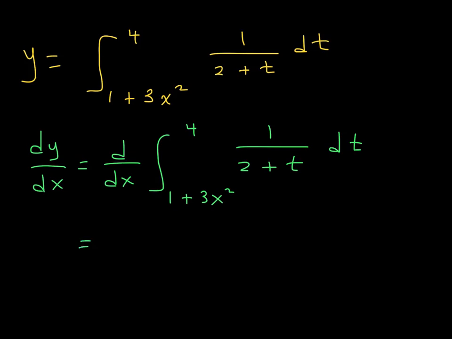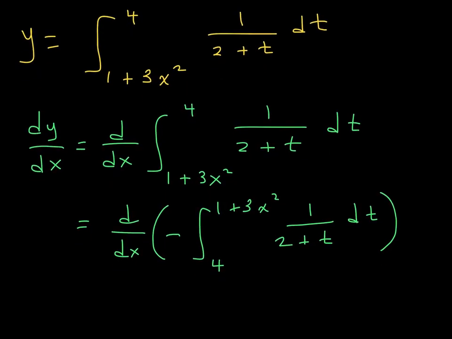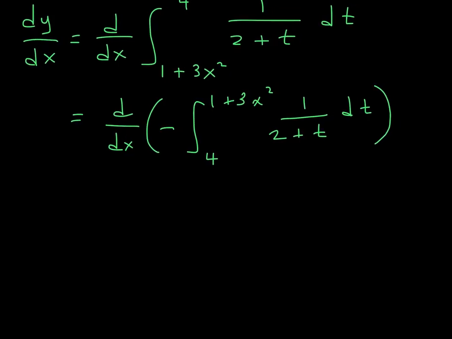Then this is going to be the derivative with respect to x of the opposite of the integral from 4 to 1 plus 3x squared of 1 over 2 plus t dt. And then we can factor out the negative, and just like the previous problem, we're going to need the chain rule here. But let's just factor out the negative first.